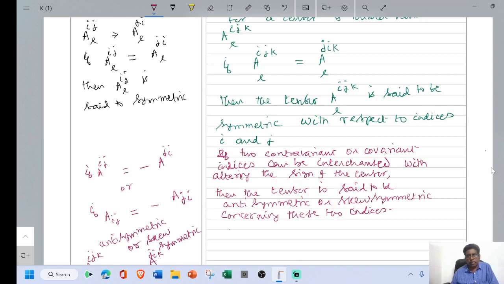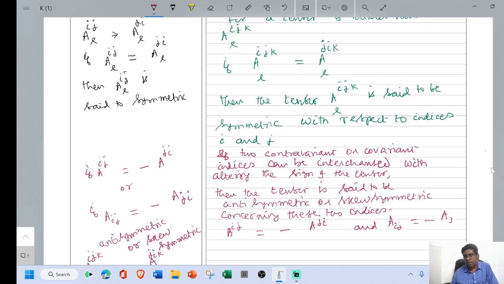Example: A^ij equals minus A^ji and Aij equals minus Aji. This is in contravariant form, this is in covariant form.